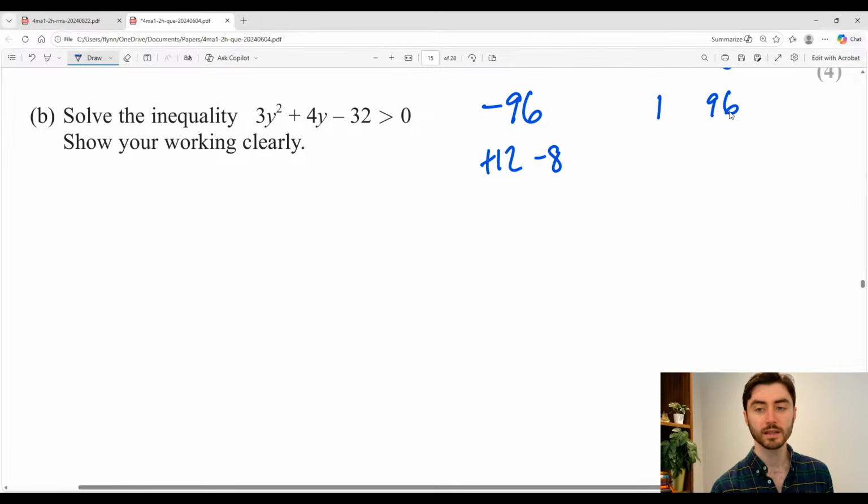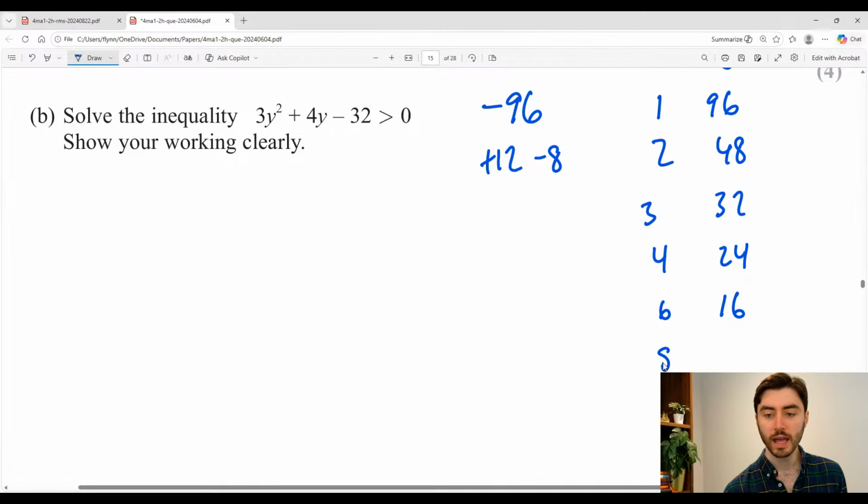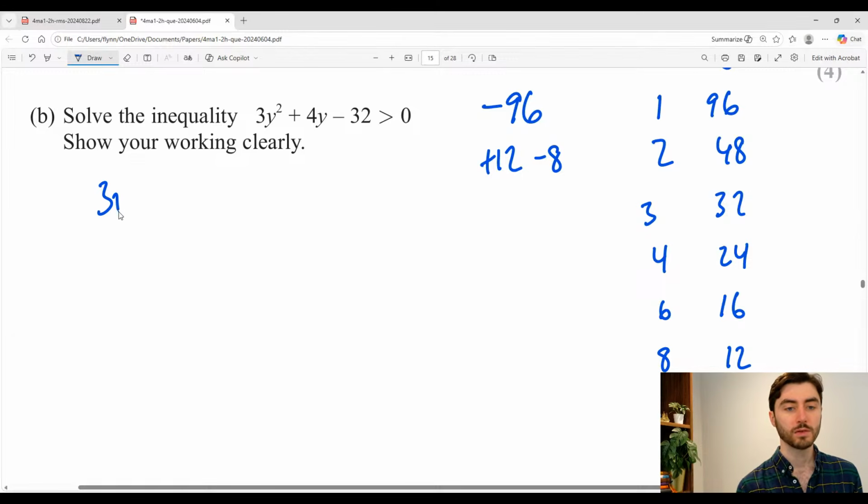So 1 and 96, 2 and 48, 3 and 32, 4 and 24, 6 and 16, and then finally 8 and 12. And 8 and 12 is the one that gets you, when it's plus 12 and minus 8, to your 4. So if in doubt, go through all the factor pairs. Now that means I can do 3y squared plus 12y minus 8y minus 32 equals 0.